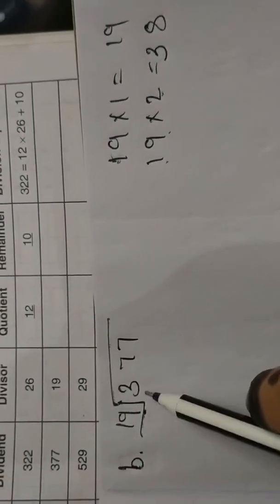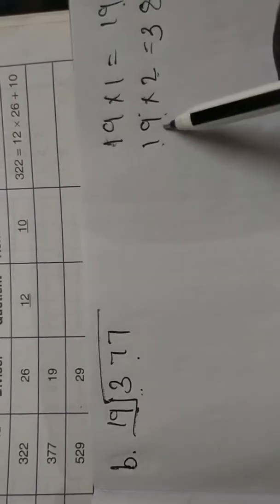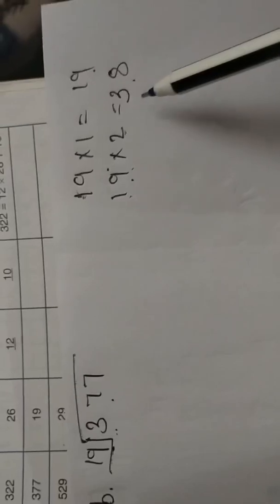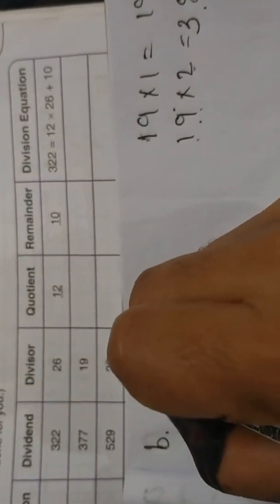Now students, our division number is 37. 19 ones are 19, 19 twos are 38, so 38 is a bigger number than 37, so here we write 19 ones are 19.